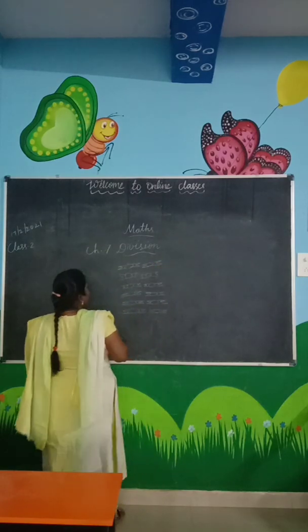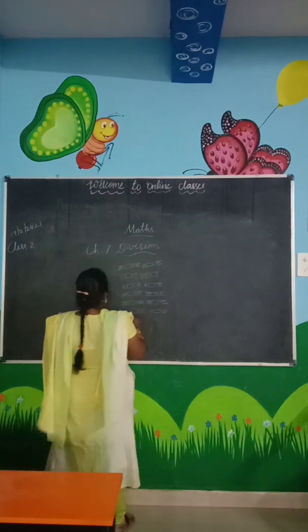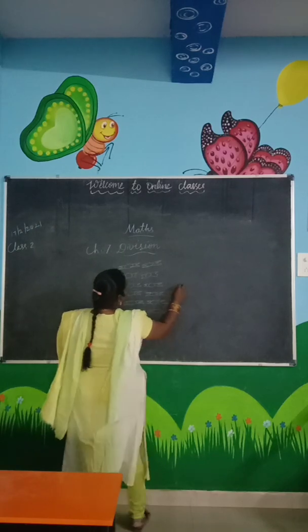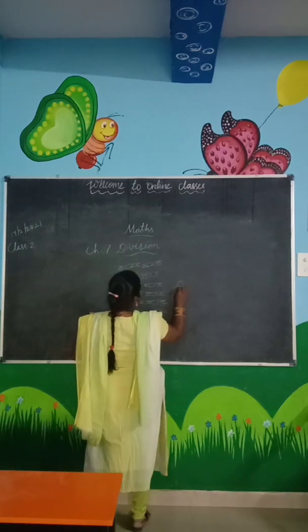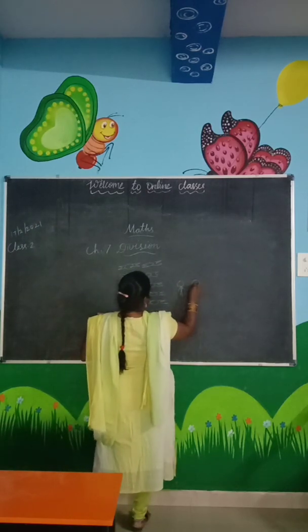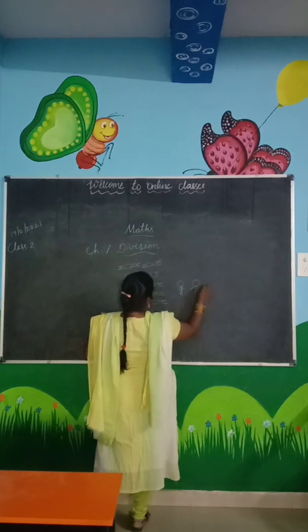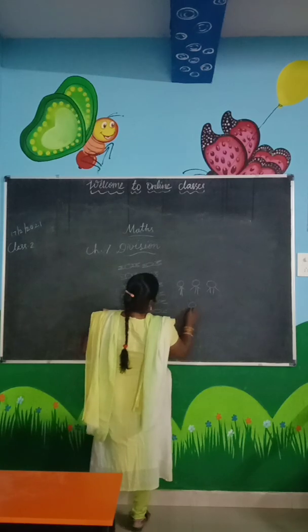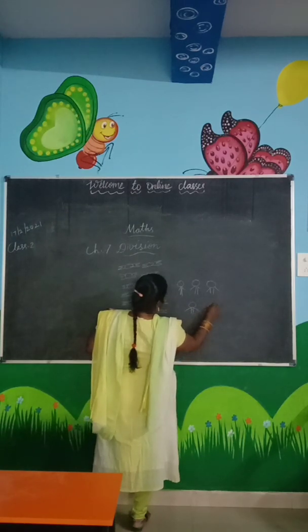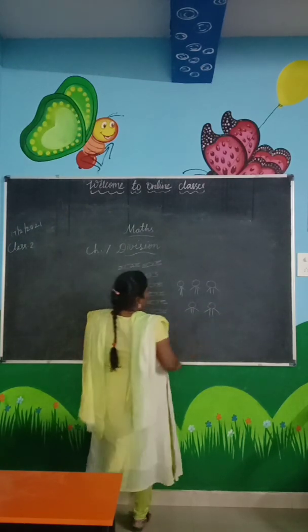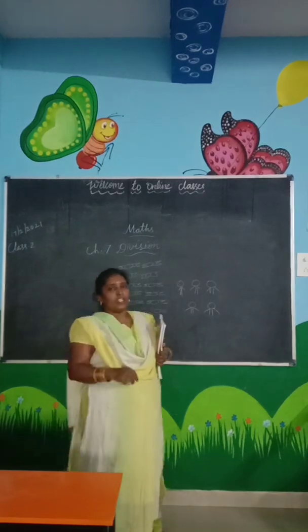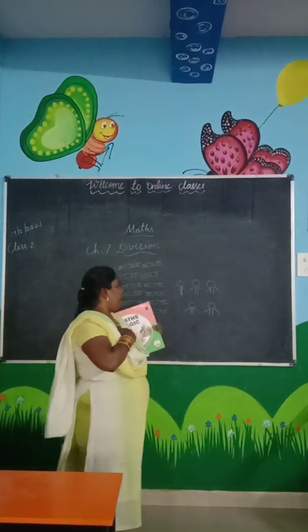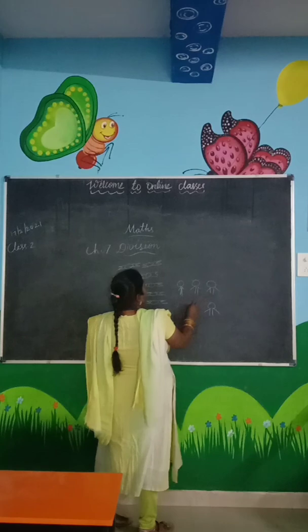These are the 10 chocolates I have and there are 5 children. There are five children, I and my friends.